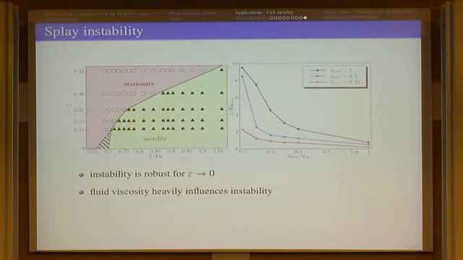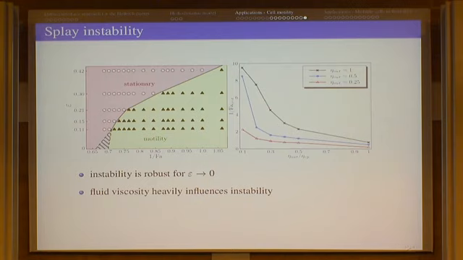Okay, and we did some other simulations. For example, there's the parameter epsilon, which labels the width of the interface, and we want to find out if this instability is stable with respect to epsilon.